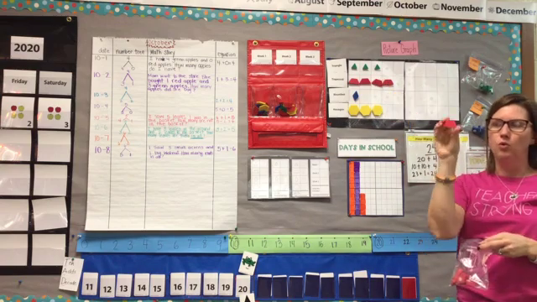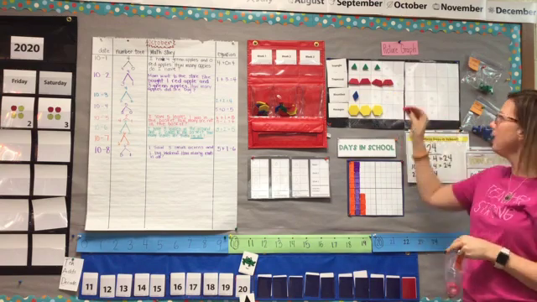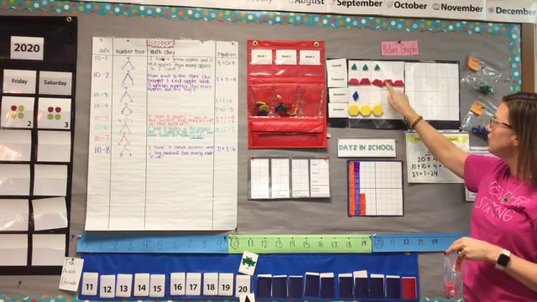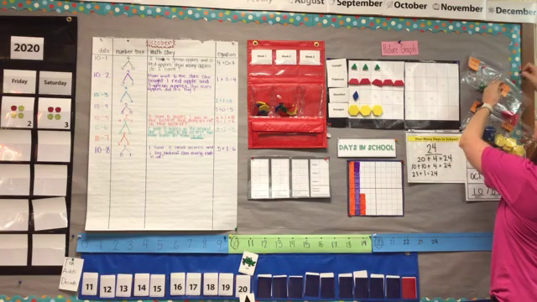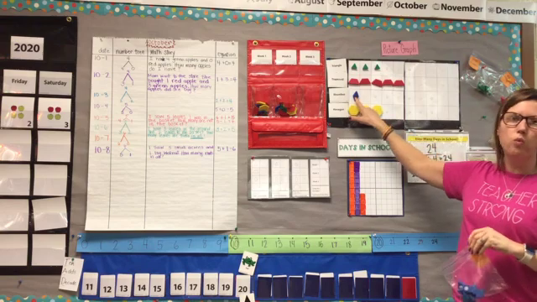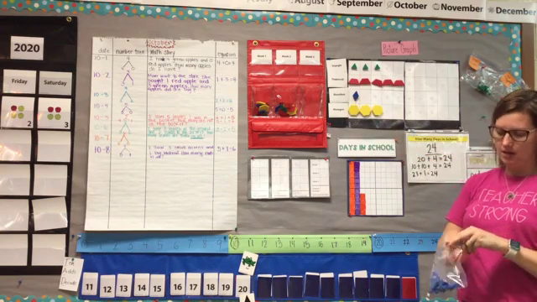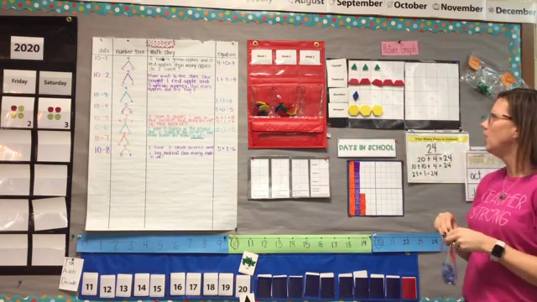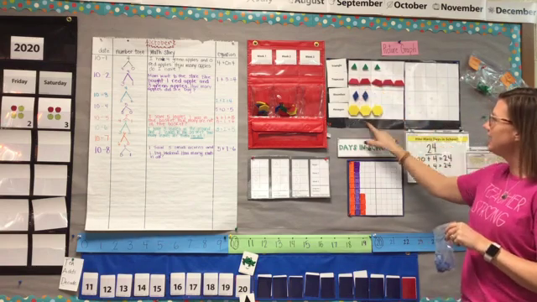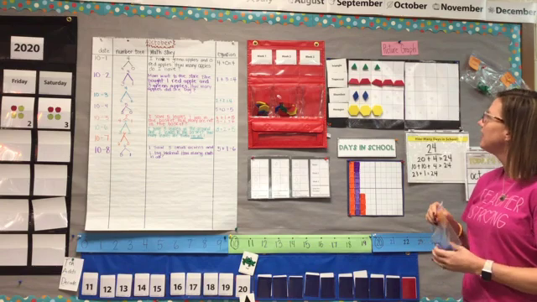Now if I add one more, how many do I have? 5. 1, 2, 3, 4, 5. And a blue rhombus. I only have 1 blue rhombus. Now I'm going to add one more. 1 plus 1 equals 2. I didn't add any hexagons today.